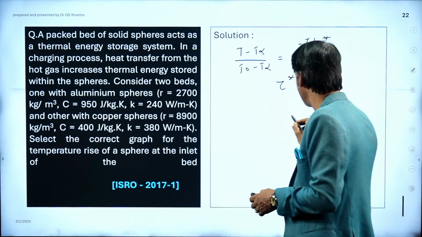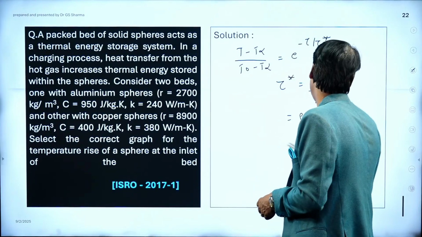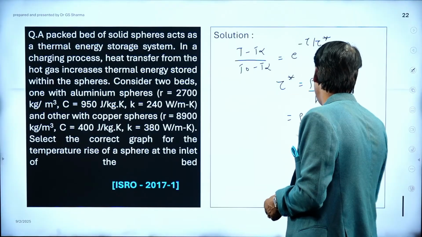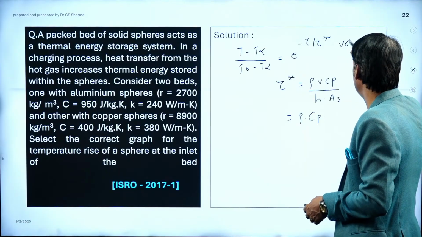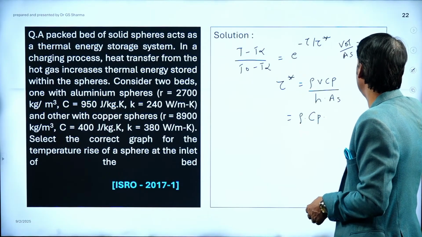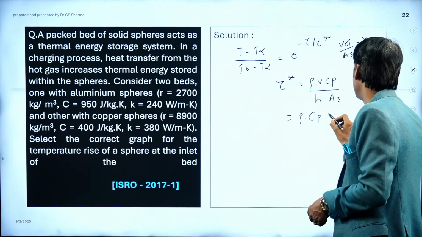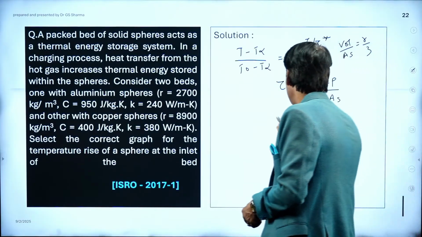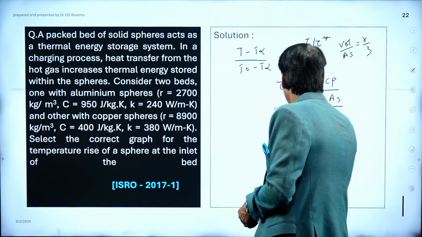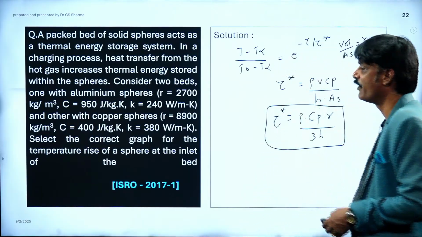For spheres, rho Cp into volume divided by surface area is the characteristic length. Volume divided by surface area is R by 3. So I can write R by 3h. This is your tau star value. Check tau star value first.